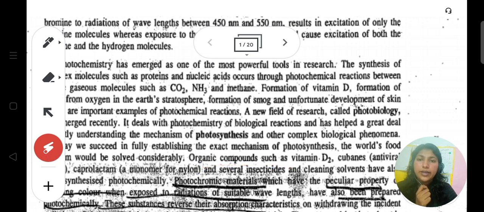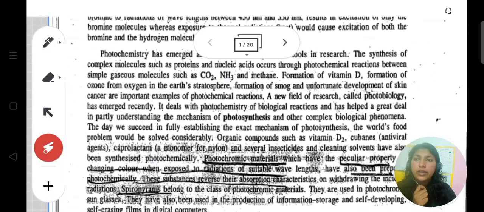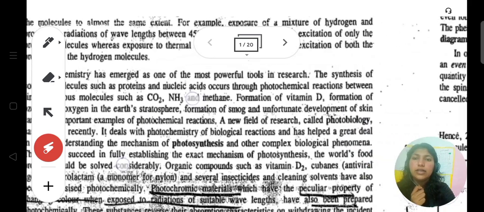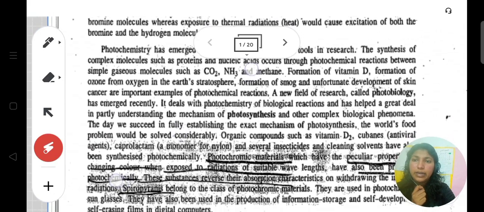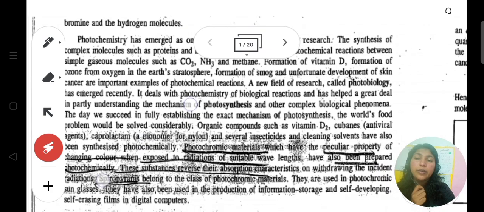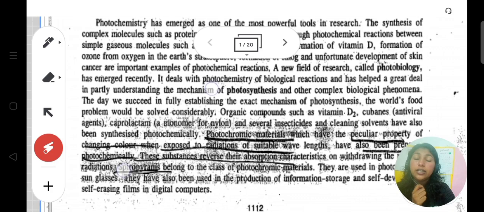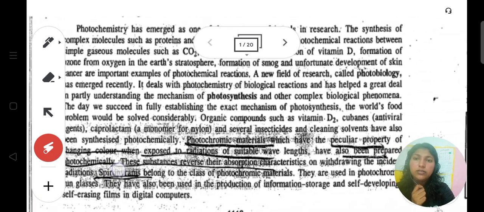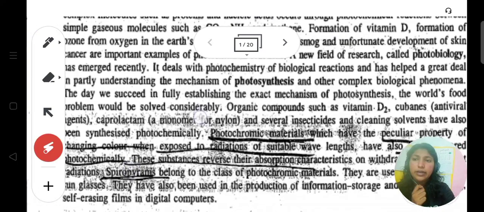Okay, there are other reactions, that is organic compounds such as vitamin D2, cubines. Cubines means antiviral agents. Caprolactam, the monomer of nylon, and several insecticides and cleaning solvents have also been synthesized photochemically. And photochemical materials, which have the peculiar property of changing color when exposed to radiation of suitable wavelength, can also be prepared using photochemical reactions.